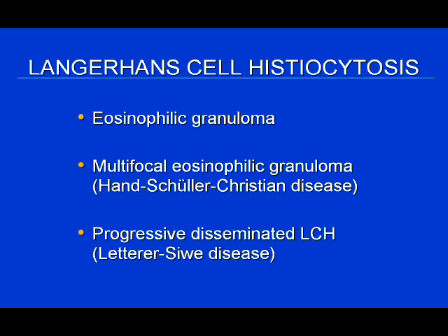In eosinophilic granuloma, we'll usually make the diagnosis in marrow through a directed biopsy to a site that has been identified radiographically. But in multifocal eosinophilic granuloma or in progressive disseminated Langerhans cell histiocytosis, we may see disease in random posterior iliac crest biopsies.